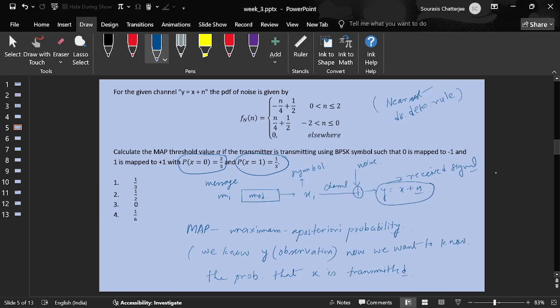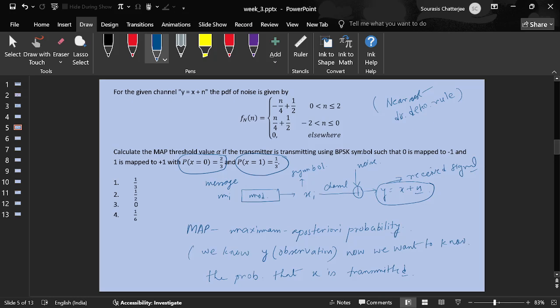Okay, so is it something to do with the receiver side? Yes, because mapping is minus 1 to 1 with this probability.